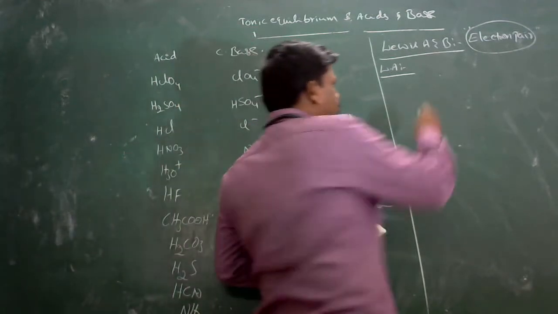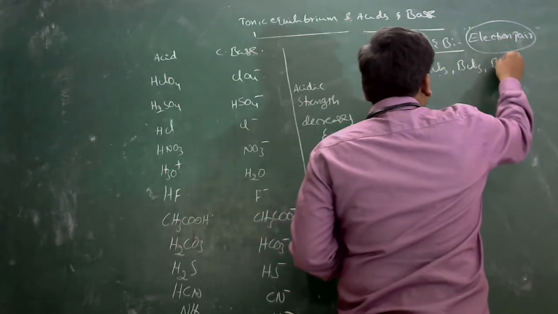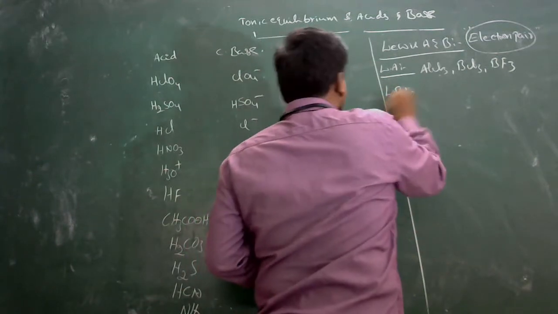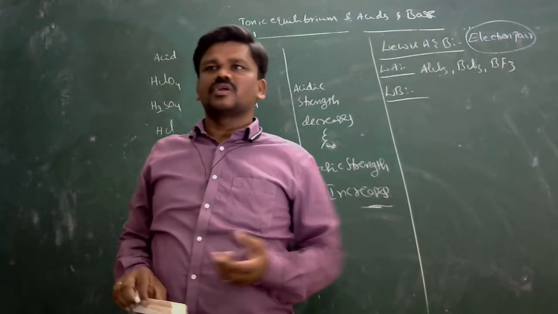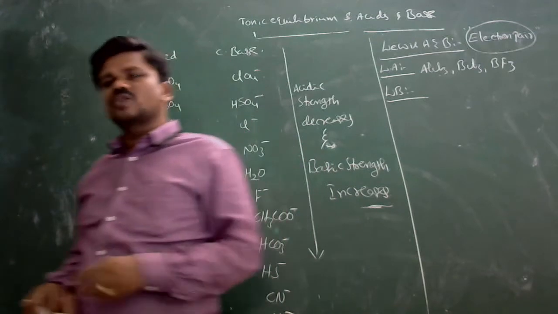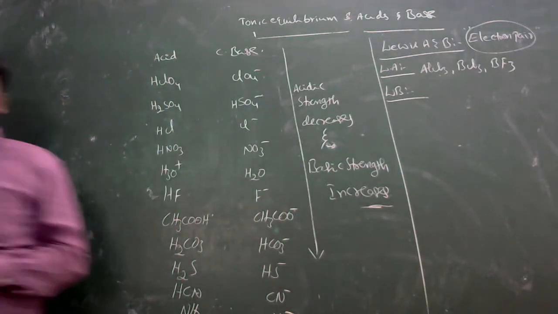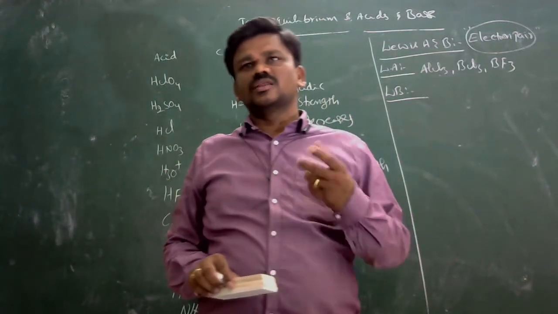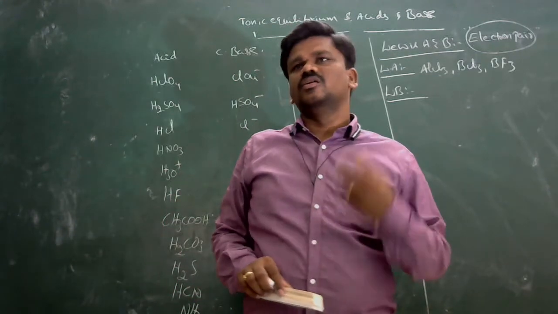For example, AlCl3, BCl3, BF3. A Lewis base is a substance which can donate an electron pair to another substance to form a coordinate covalent bond.